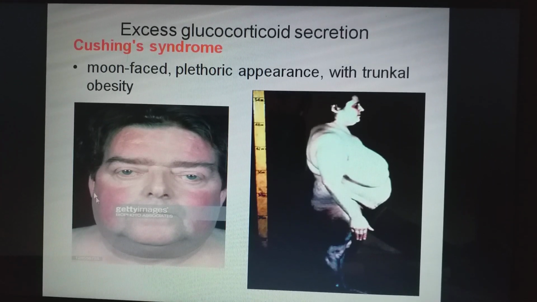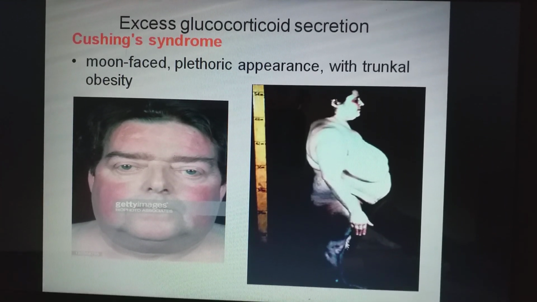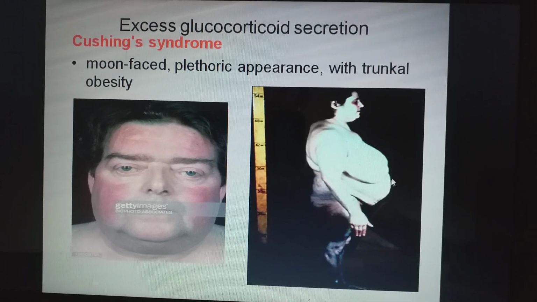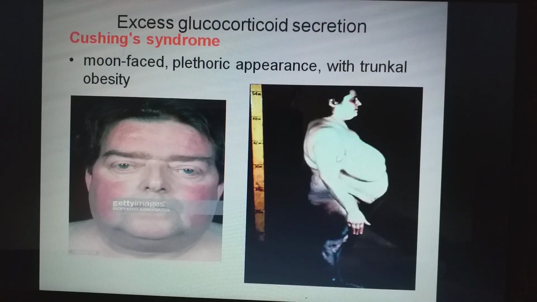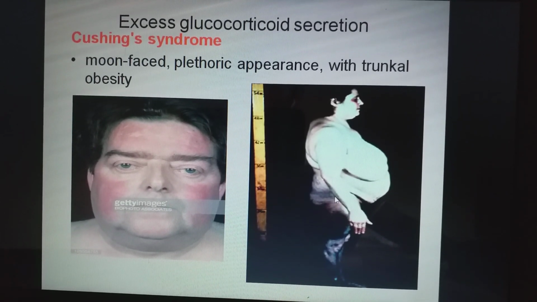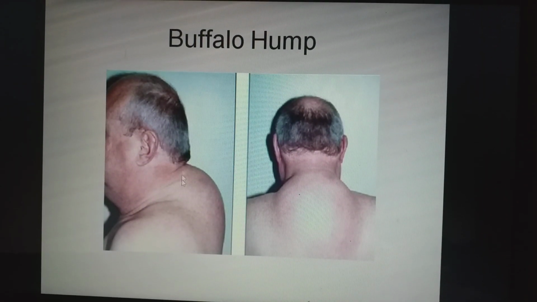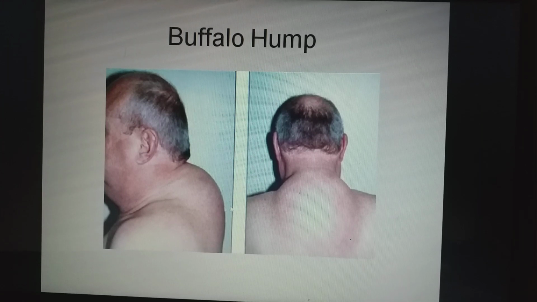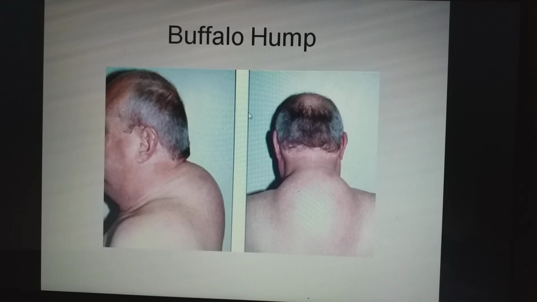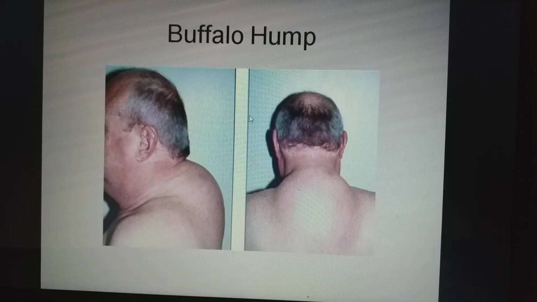Then the face becomes a moon face and the patient can have thin limbs with a big tummy. So it's truncal obesity due to the fat redistribution. And again, the fat can be deposited at the back of the neck, so it is called the buffalo hump, right, due to the fat redistribution.